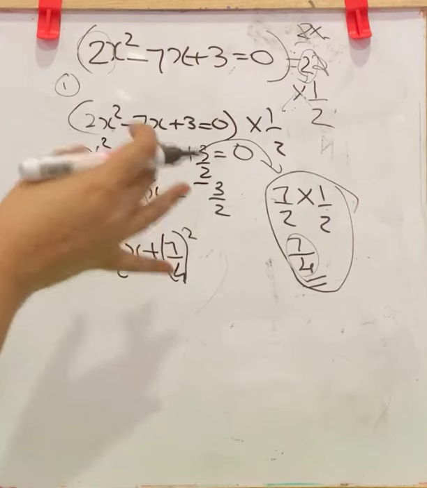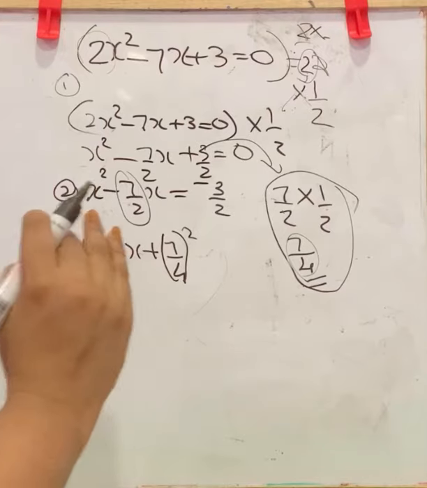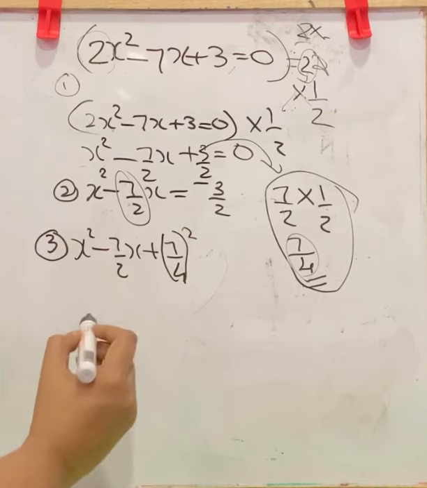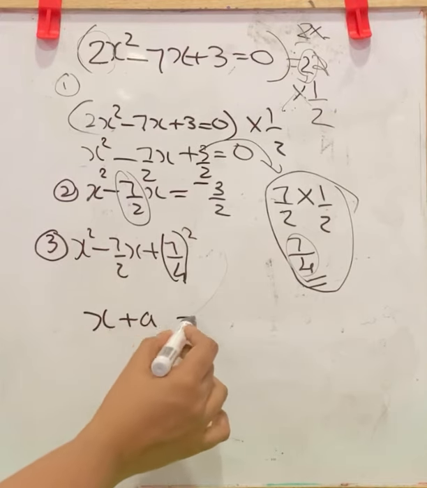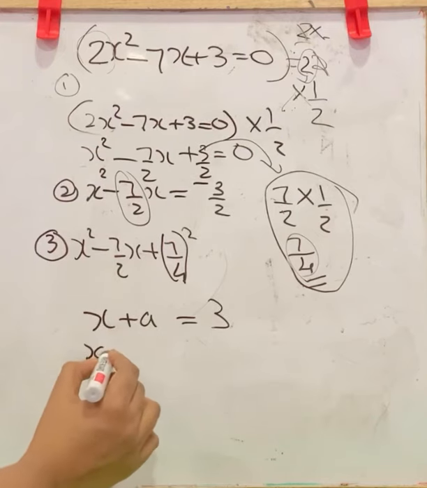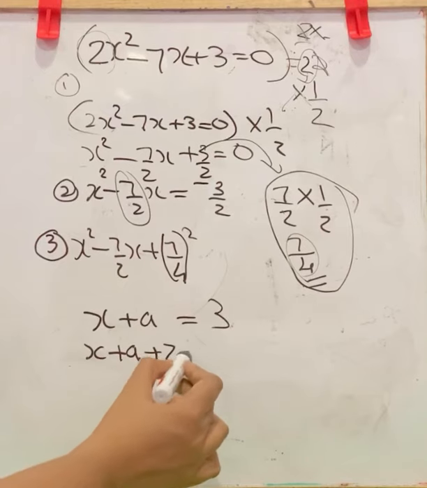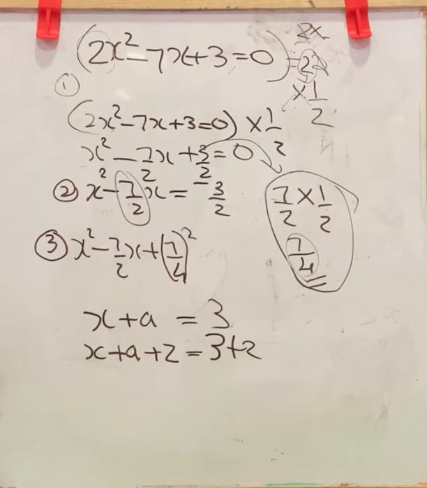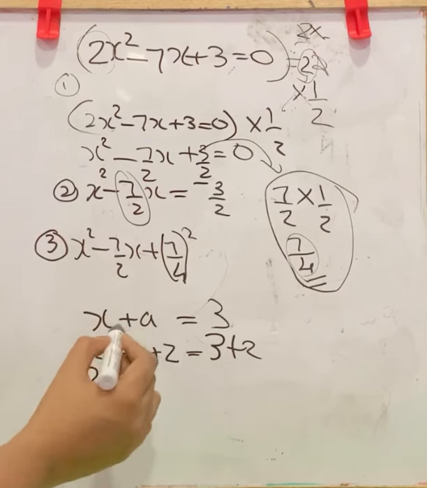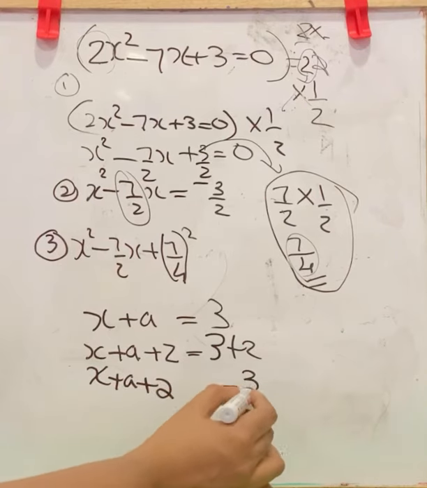If you are adding anything to an equation, to maintain the balance of the equality, you have to subtract the same thing. Say x plus a is here, and you want to add 2 to this side. Either you add 2 to the RHS as well, then the equality is balanced. Or, here in the RHS we have 3.